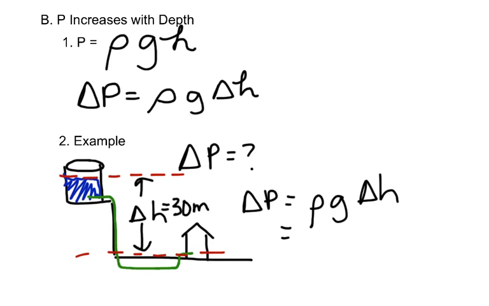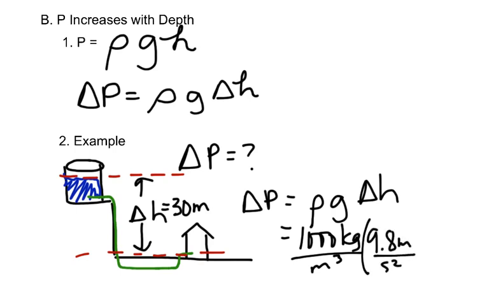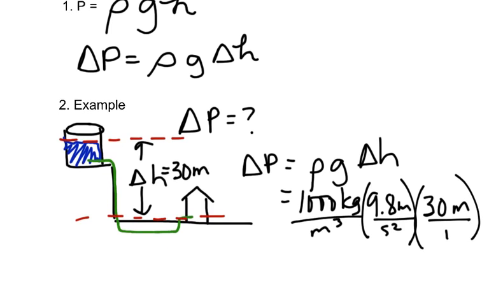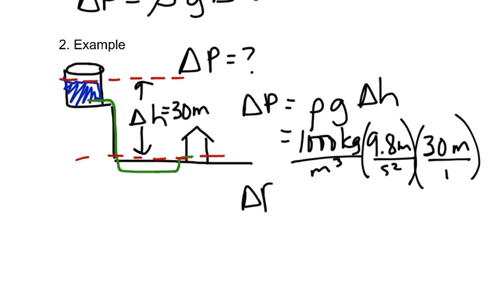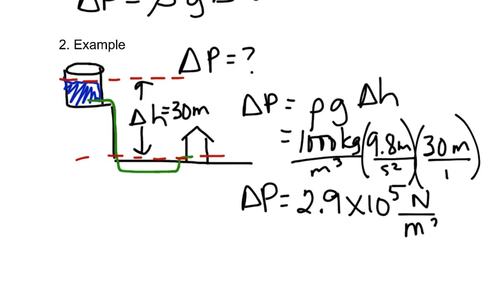And just plugging into the equation, the density of water is 1,000 kilograms per cubic meter, g is 9.8 meters per second squared, and delta H is 30 meters. And plugging that into the calculator, I get an answer of 2.9 times 10 to the 5 newtons per square meter.